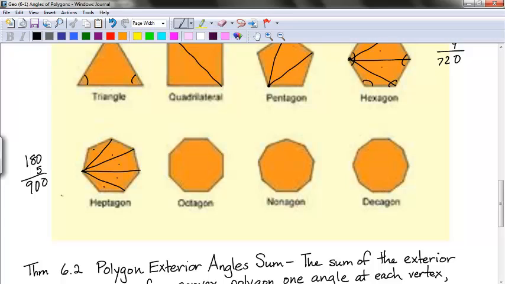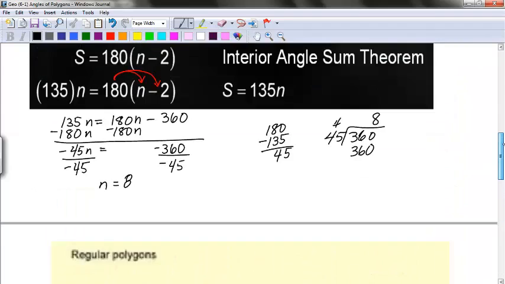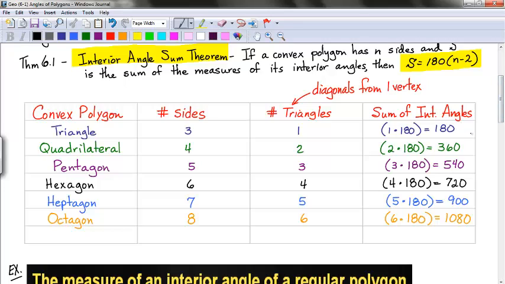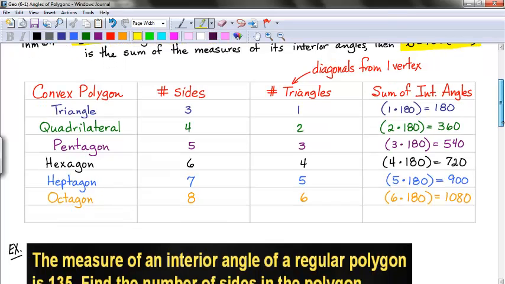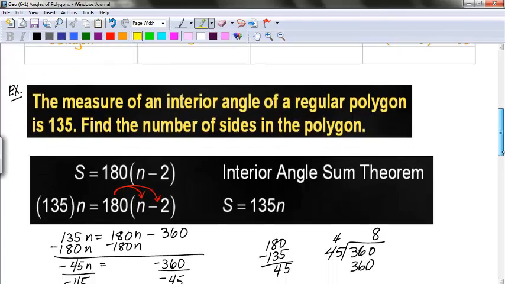If you multiply that out, you should end up with 900, and that's the sum of all the angles. You can continue that, and that's basically showing you how they're getting these numbers. So just take the number of sides minus 2. That gives you the number of triangles. Take the number of triangles times 180, and you have the sum of the interior angles.